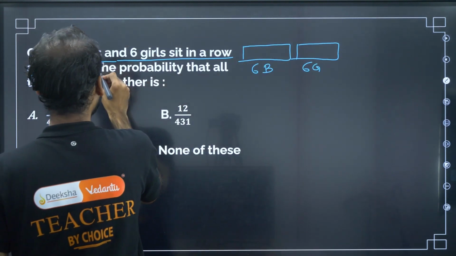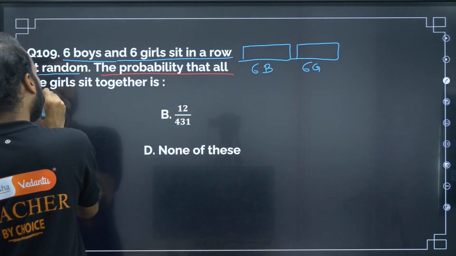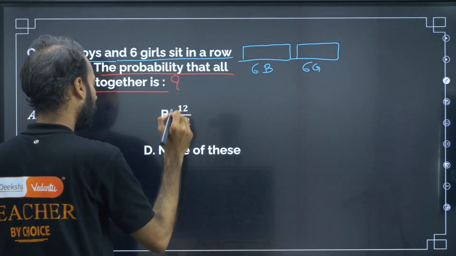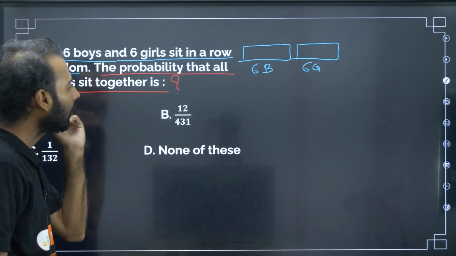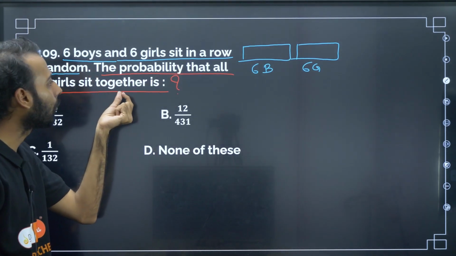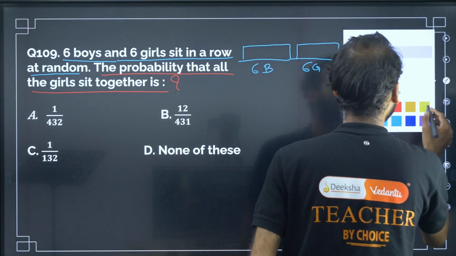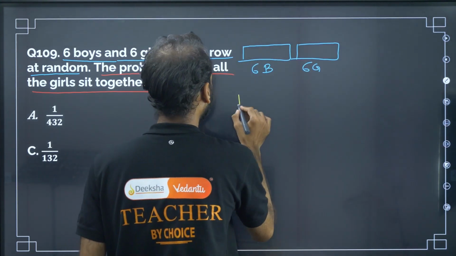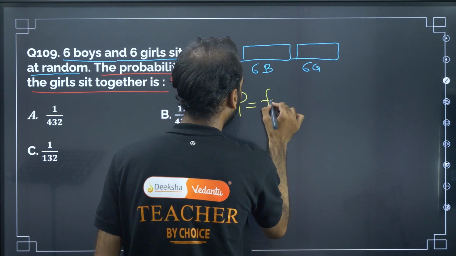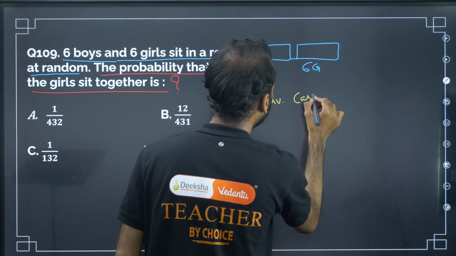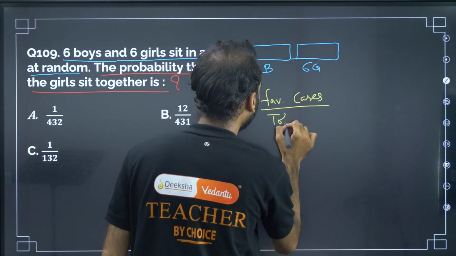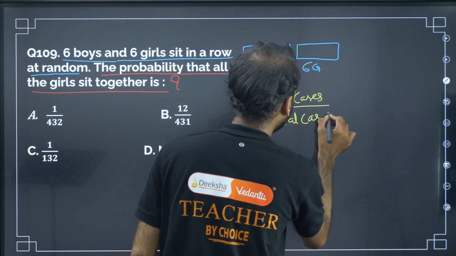The probability that all the girls sit together, once again I will go through the question. The probability that all the girls sit together means all the girls should sit together. That is the condition. Now, probability is equal to favorable cases by total cases.